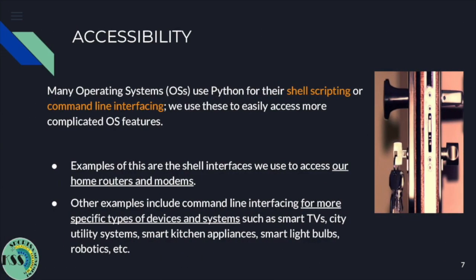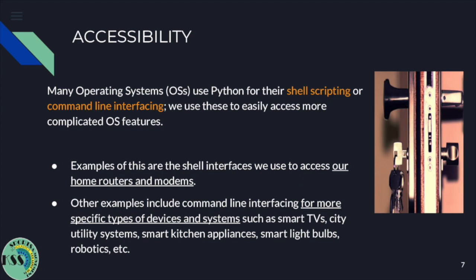Accessibility. Many operating systems, or OS, use Python for their shell scripting or command line interfacing. We use these to easily access more complicated OS features. Examples of these are the shell interfaces we use to access our home routers and modems.